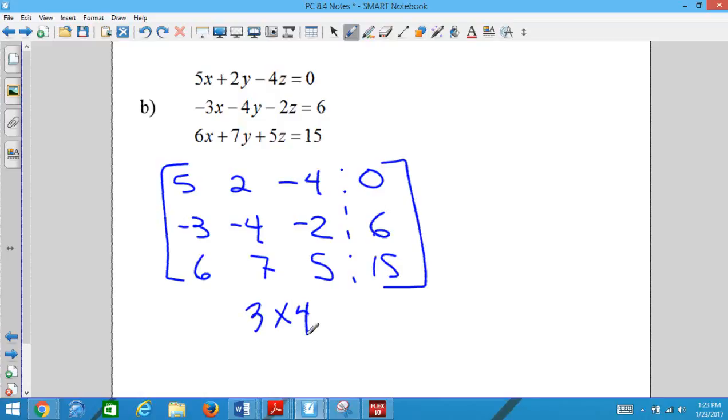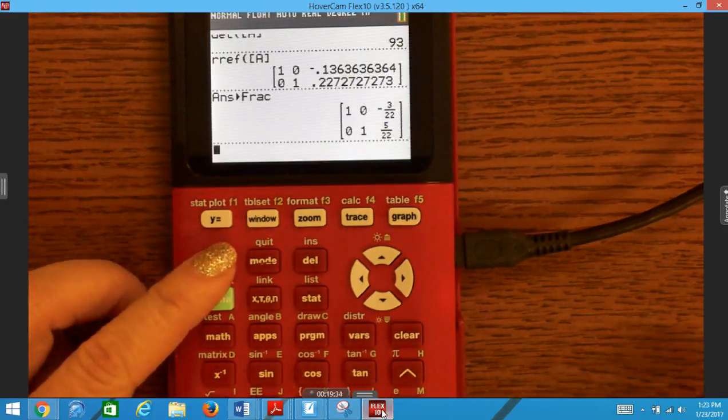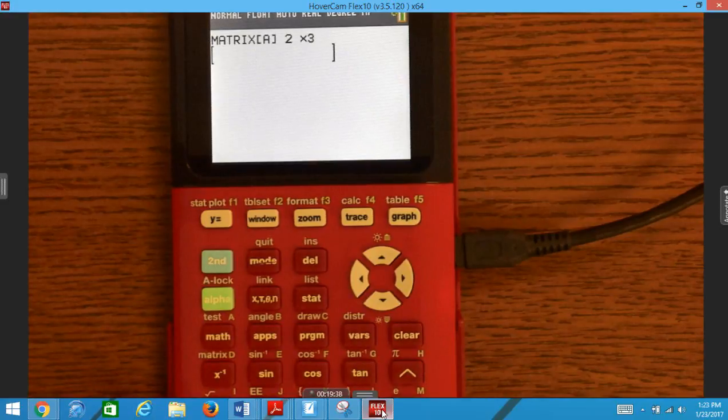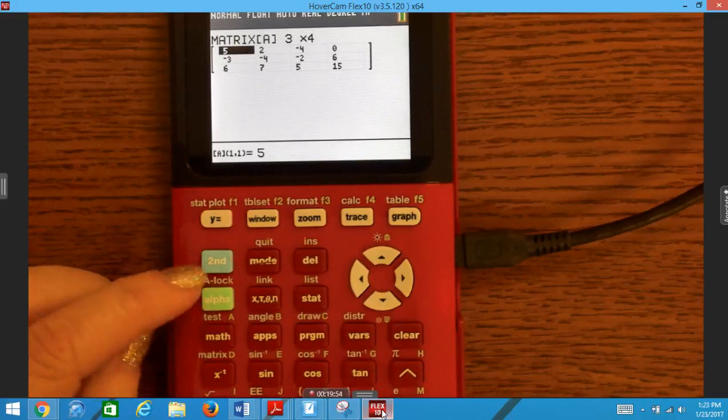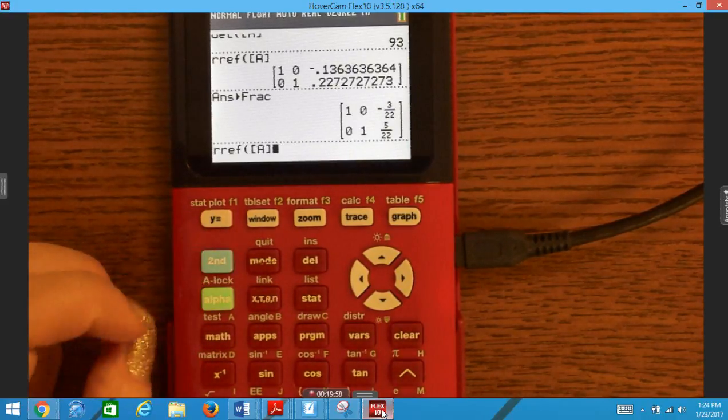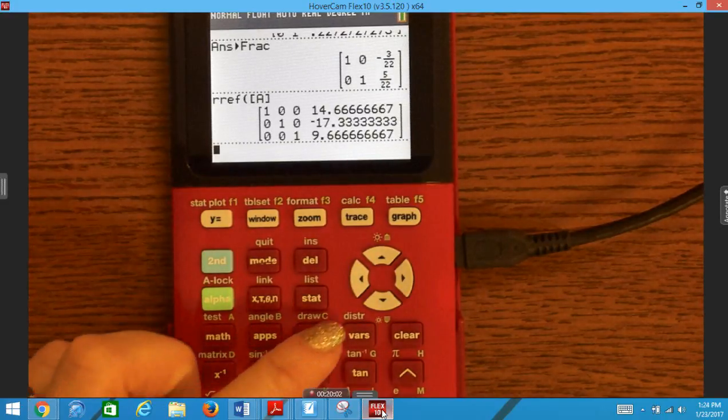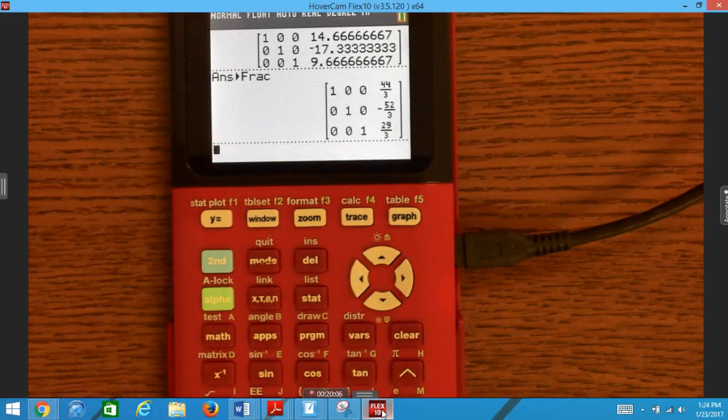So we'll go type that into our calculator, that 3 by 4. So after you type that in your calculator, do the RREF, and it'll give you the reduced row echelon form, which will tell you the answers.